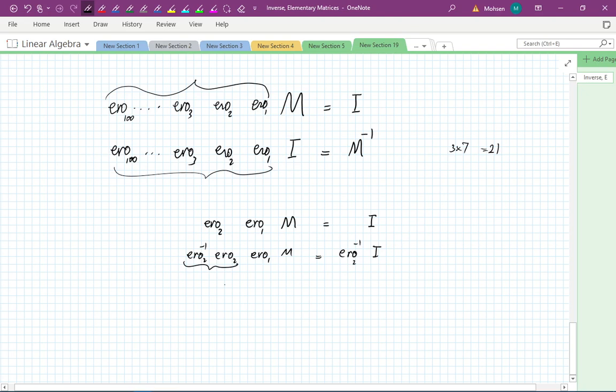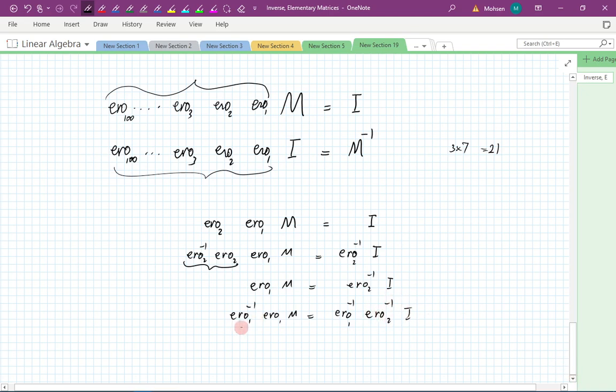it's like 1. I don't need to write it. And then by now I have elementary row operation number 1 times M is equal to elementary row operation number 2 inverse times identity. I can multiply by this thing again, elementary row operation number 1 inverse, times elementary row operation 1 times M is M. You have to be careful where you put it, it is of course on the left now.